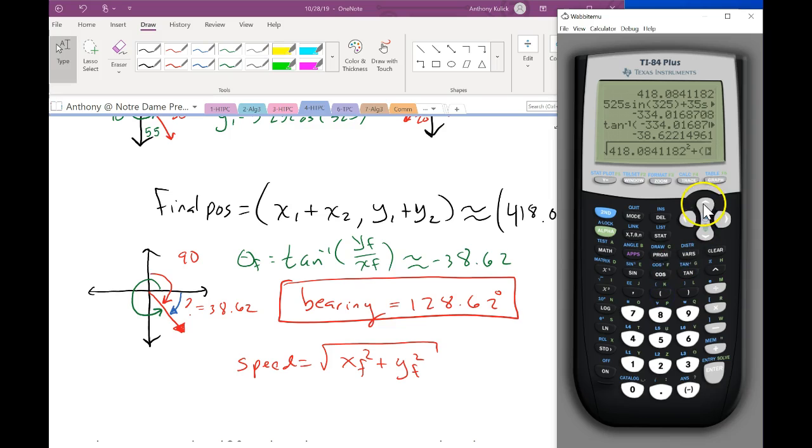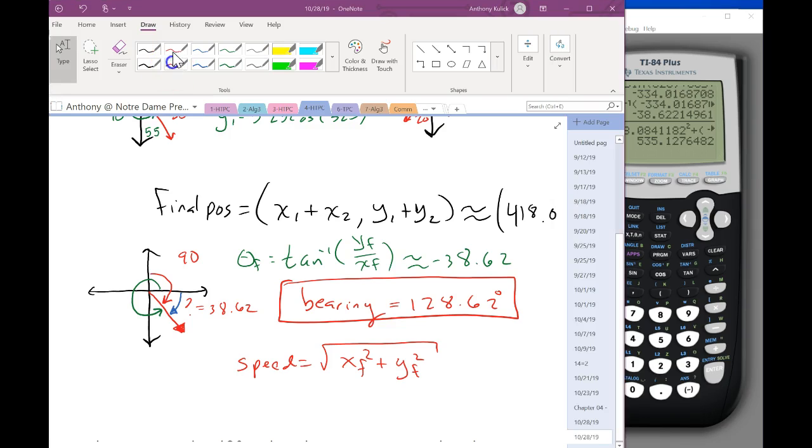Worth noting here, I'm including a set of parentheses around the final y, because the sign on that final y is negative. If I don't put the parentheses around it, the calculator is going to goof that up on me, because it'll square first and then make negative, rather than making negative and then squaring. Anyways, that gives me my final speed of 535.13.